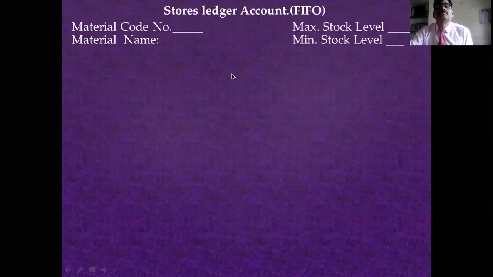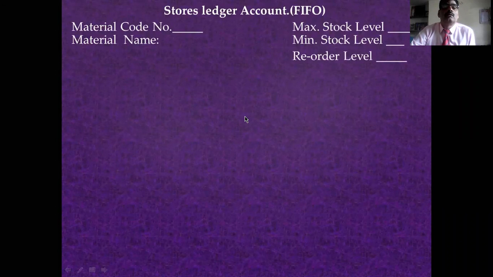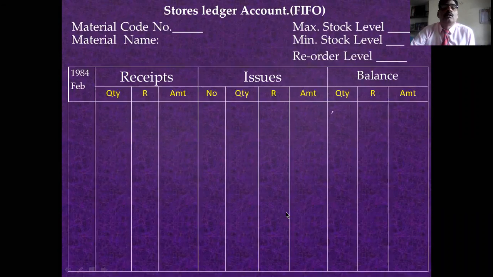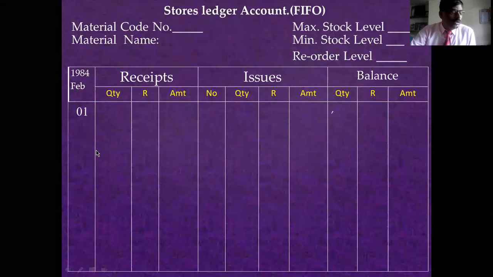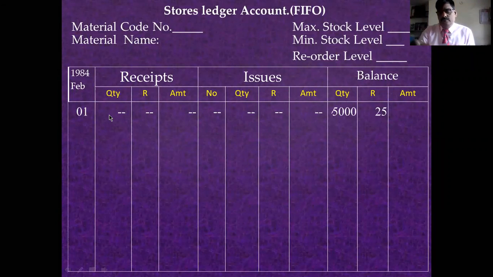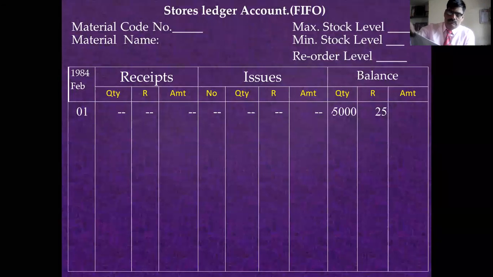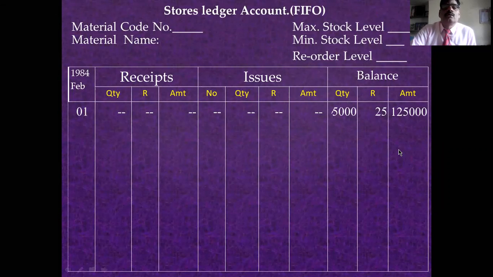You see this. First date is February 1st. There is a balance of 5,000 at the rate of 25. Amount is 1,25,000. Next, the third, there is an issue.